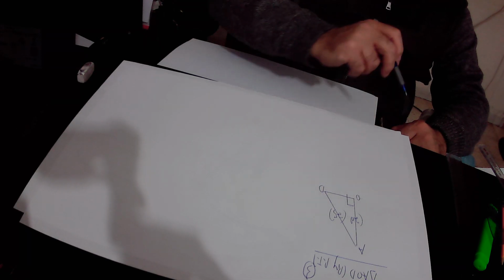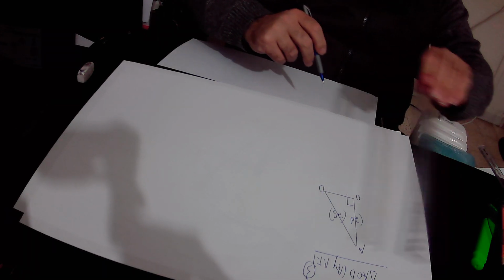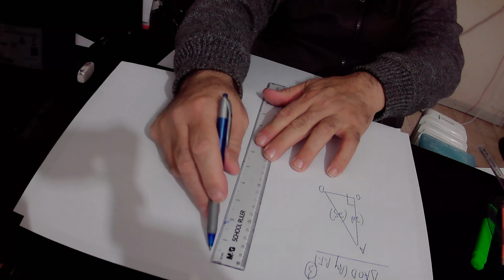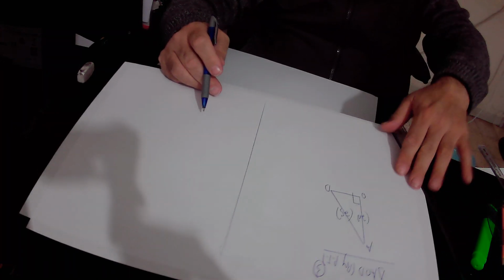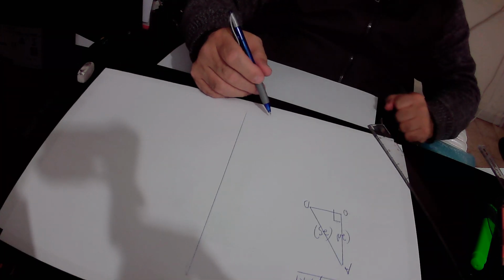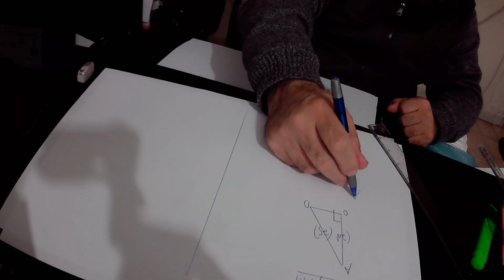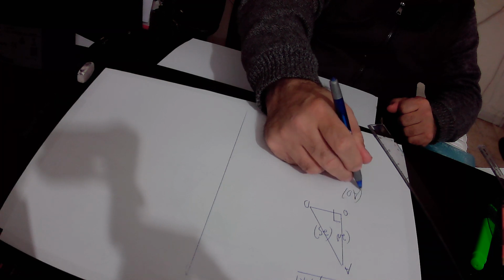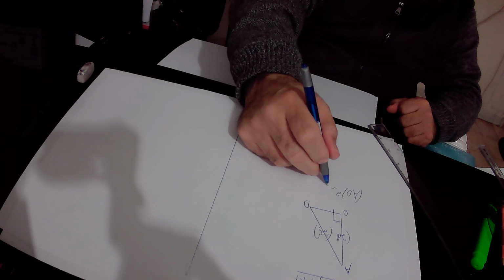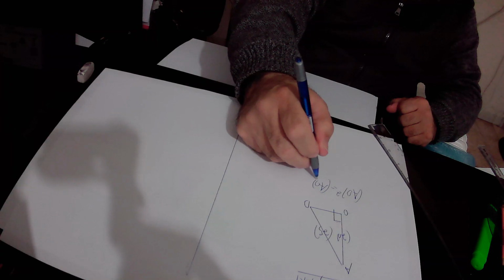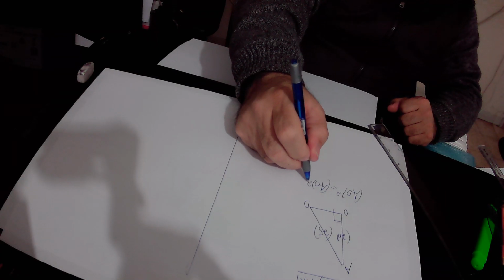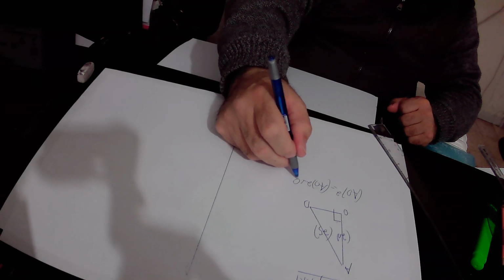By PT is the relation for Pythagoras theorem. In this right triangle AOD, according to the Pythagoras theorem, AD squared equals AO squared plus OD squared.